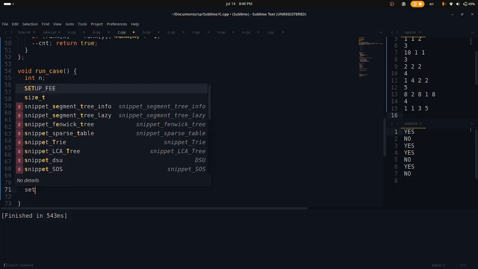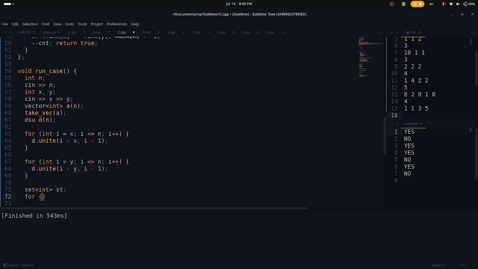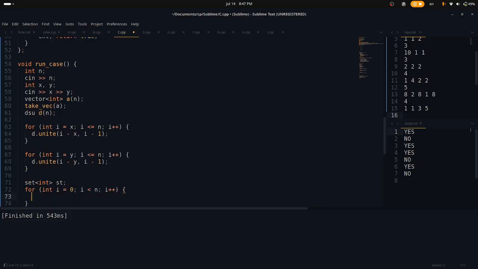Like I'll just do it quickly. So this is your set. Maybe a map of vectors is quite easy.